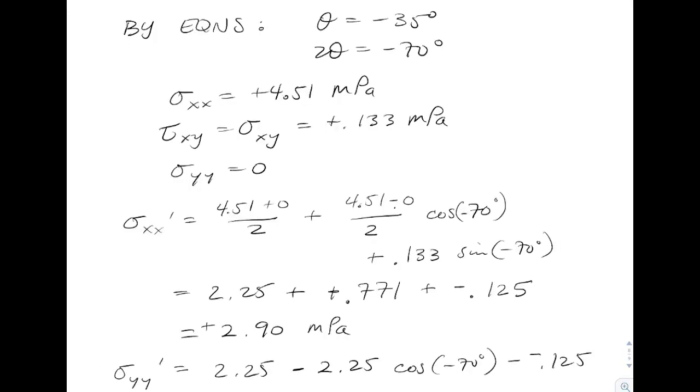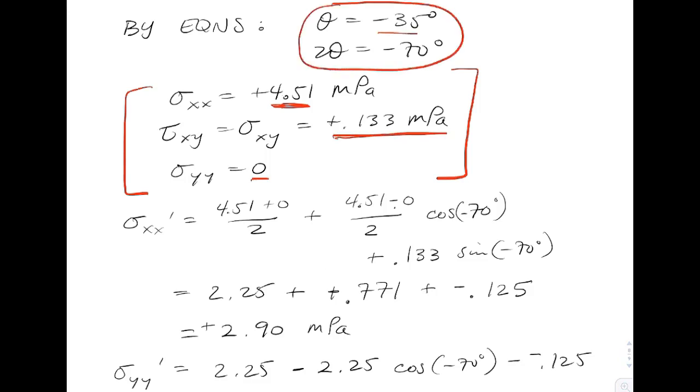So to also present this with the equation solution, we need our initial stresses that we found, sigma xx, sigma yy, and there was the shear stress that we calculated, and you need your angle theta, which is going to be negative 35 degrees. And here's our initial axes.